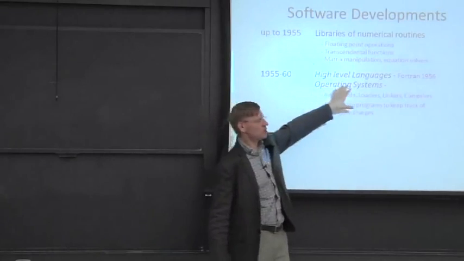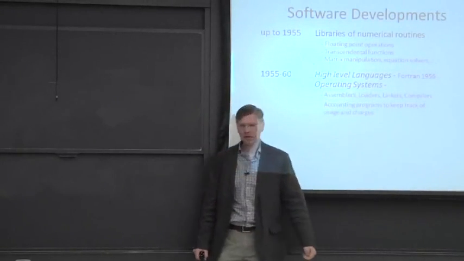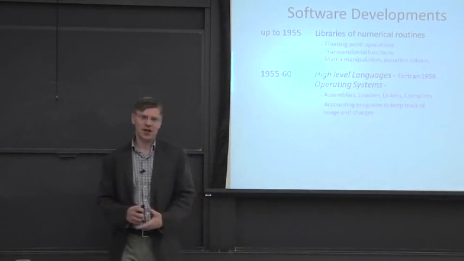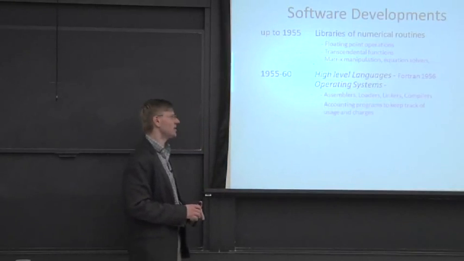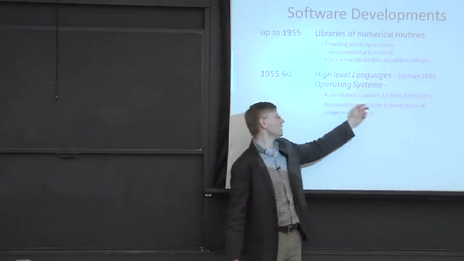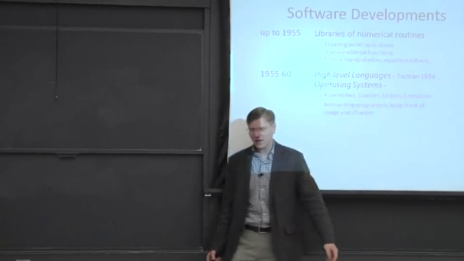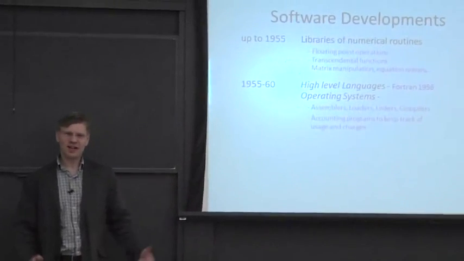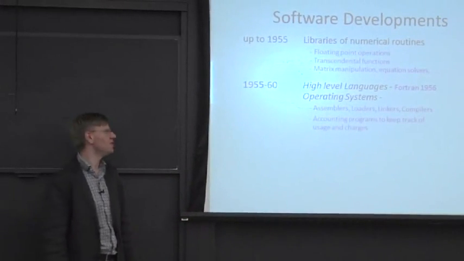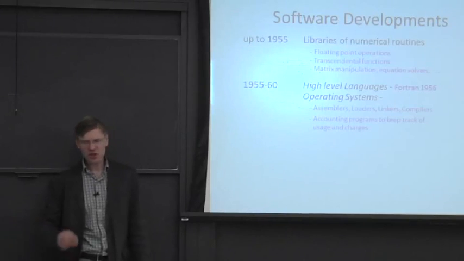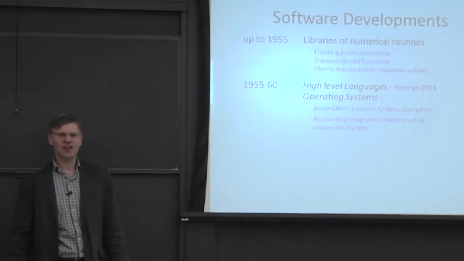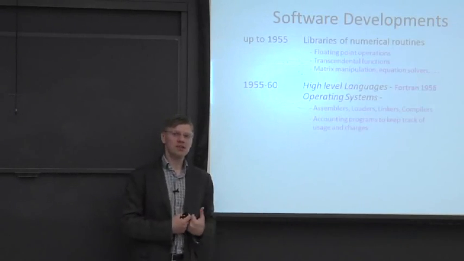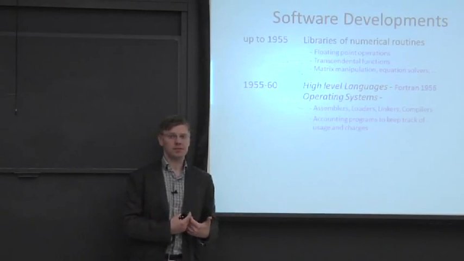And then at some point, there was the invention of higher level languages. A good example of this was Fortran. It came out in 1956. And a lot of things came along with this. We had assemblers, loaders, linkers, compilers, a bunch of other software to track how your software is being used even. And because we started to see these higher level languages, this started to give some portability to programming.